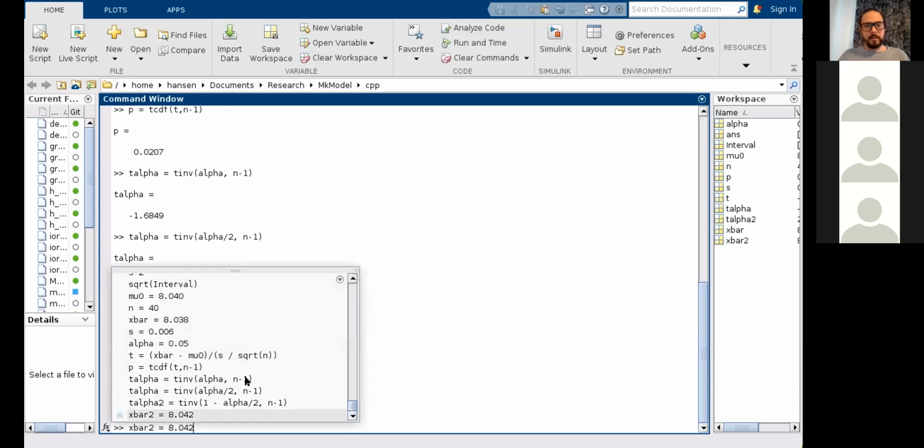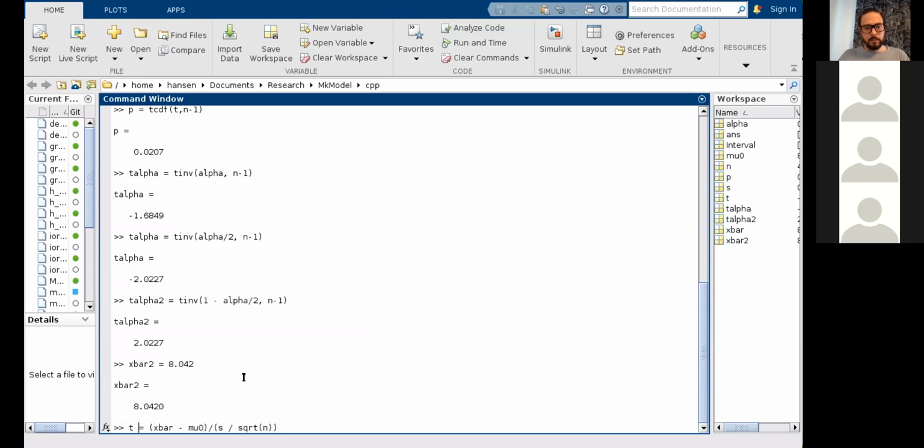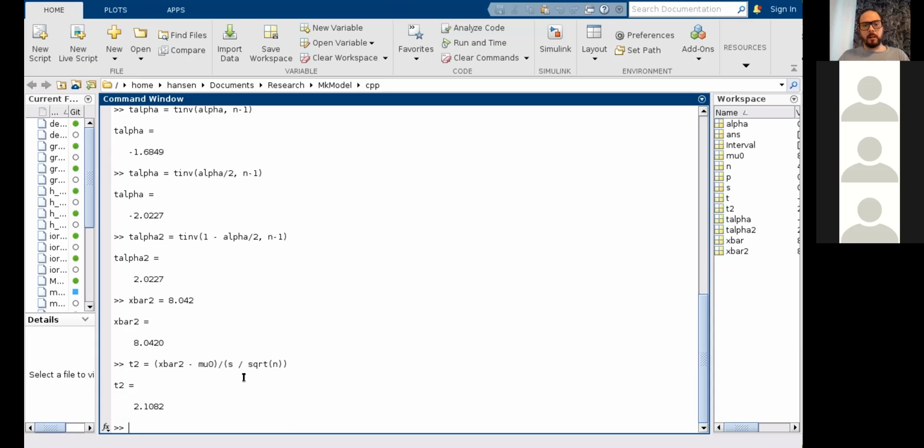And if we now calculate this T2 as equal to x bar 2, it would be a similarly largish value. And if we calculate the p-value for this, let's call that P2, we have a similar result.